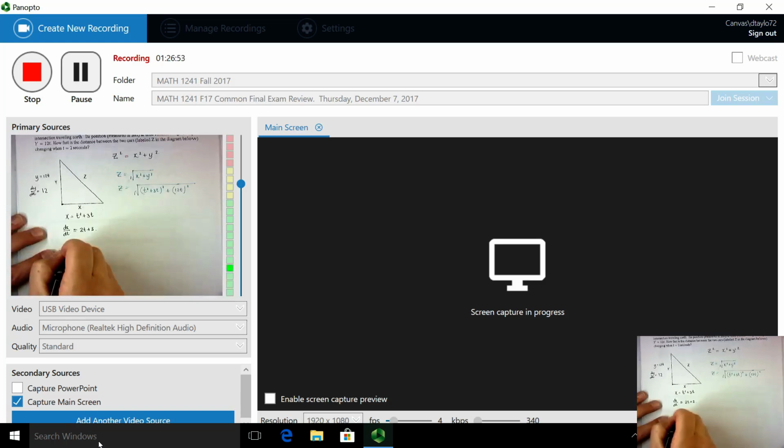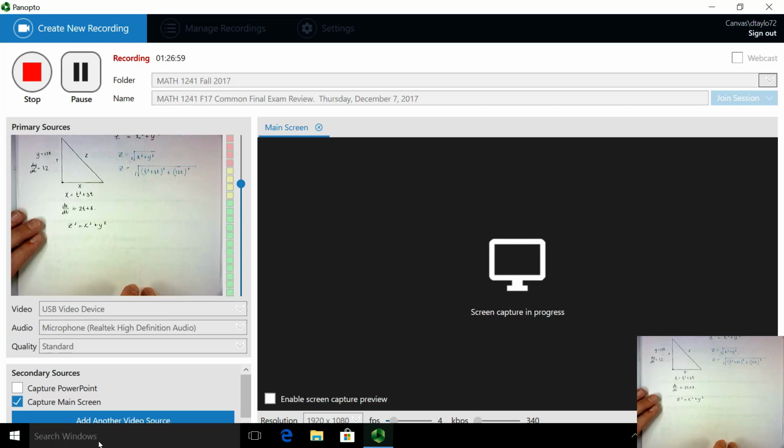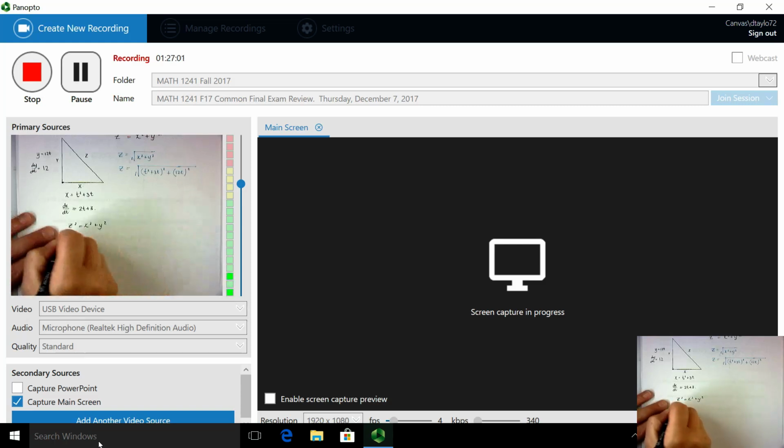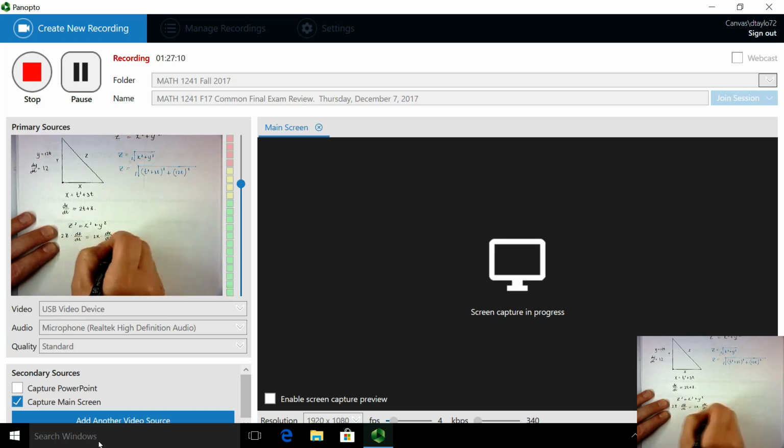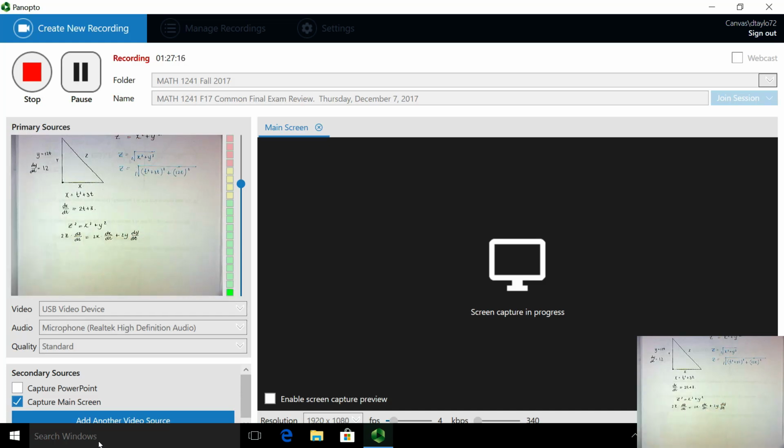So here we go. Again, I know that z squared is equal to x squared plus y squared. So the derivative here will be 2z times dz/dt equals 2x times dx/dt plus 2y times dy/dt. If you want to, really early on in the problem, you can divide both sides by 2.